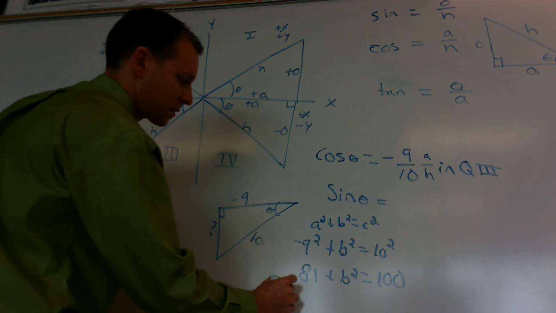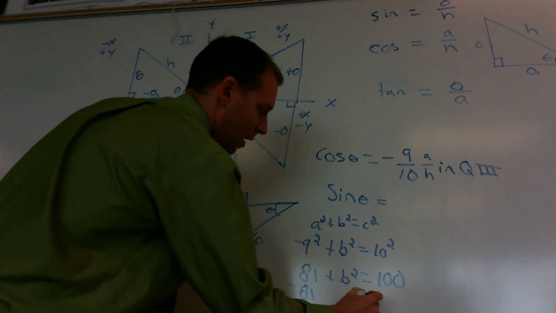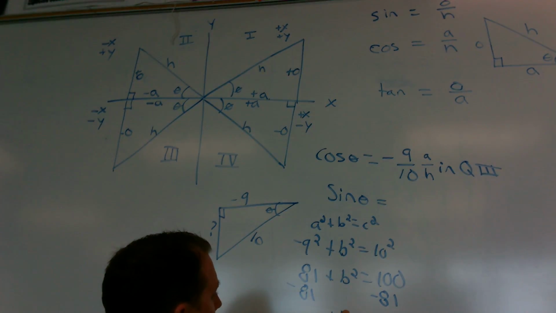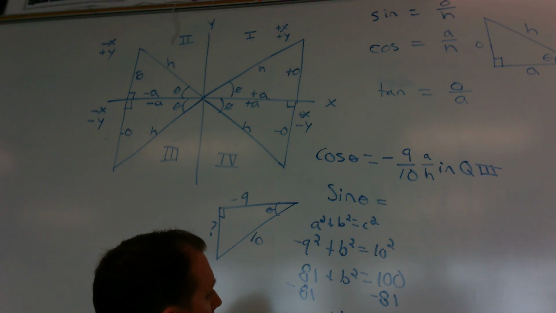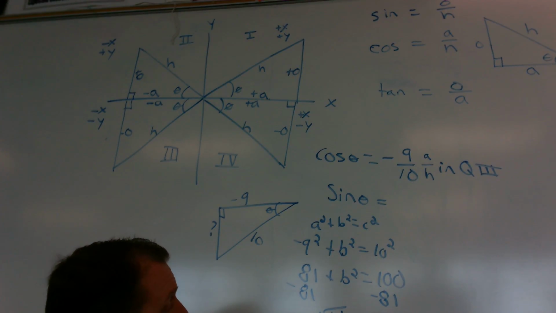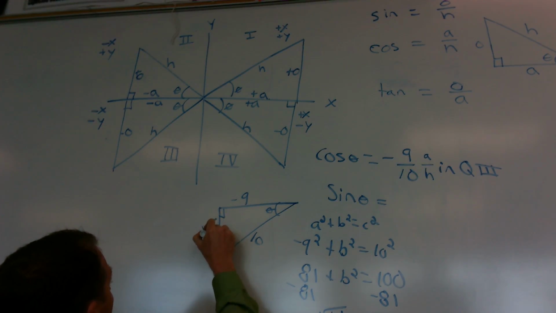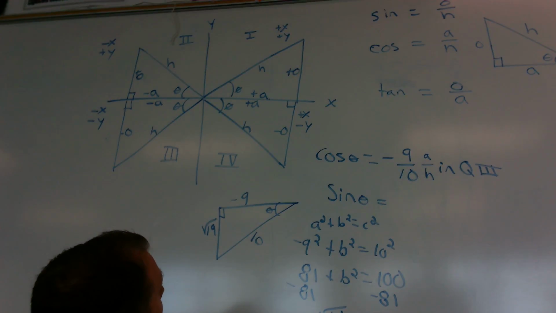We subtract 81 from both sides, and that means b squared equals 19, and then we take the square root. So b is the square root of 19, which is the value we're looking for.